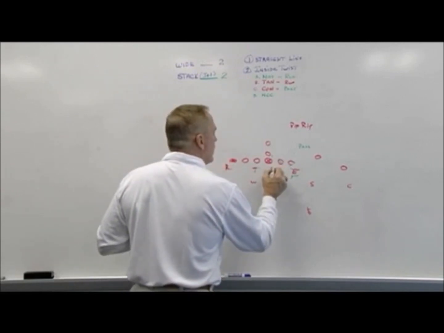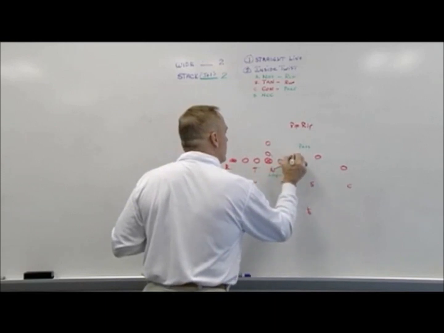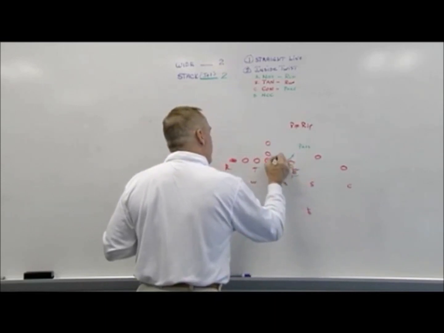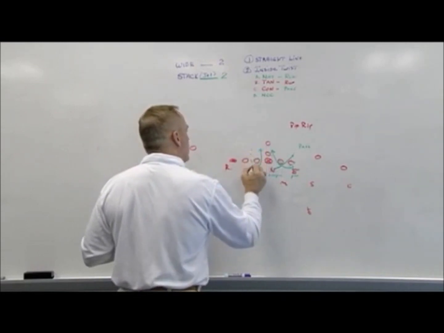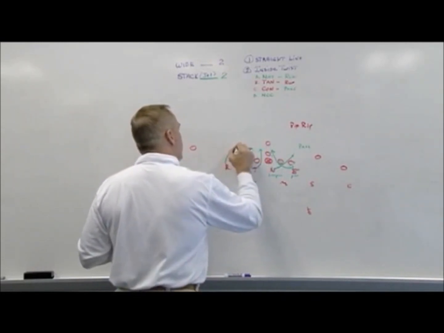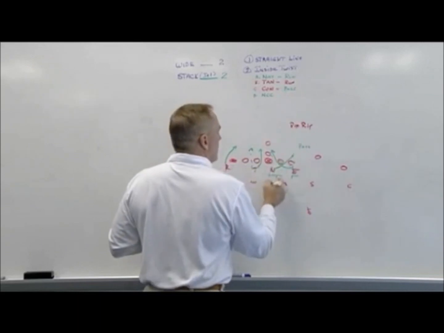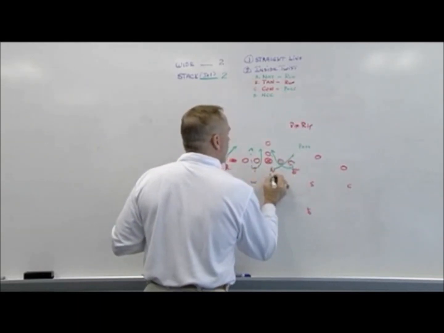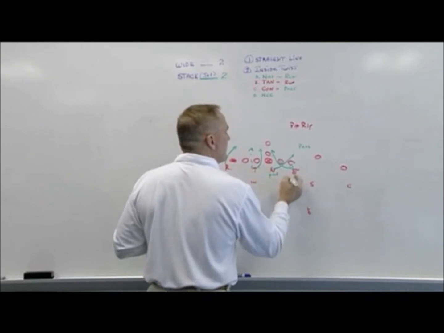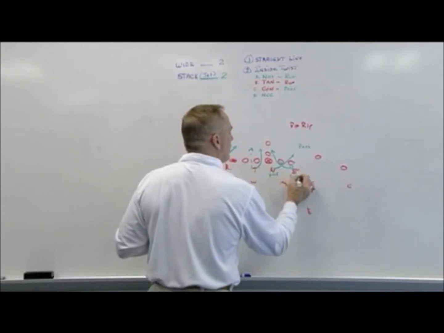In knock, I want the nose first and the end up and around. And again, two-way rush, and you're the contained. Knock is the nose is the penetrator and the contained end is the looper.